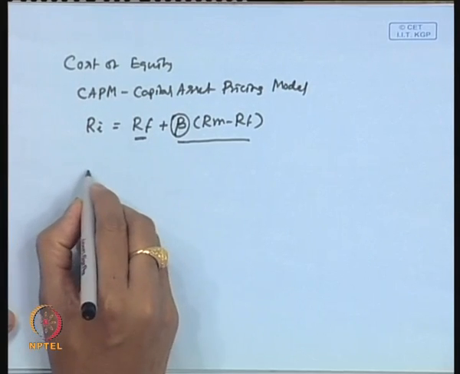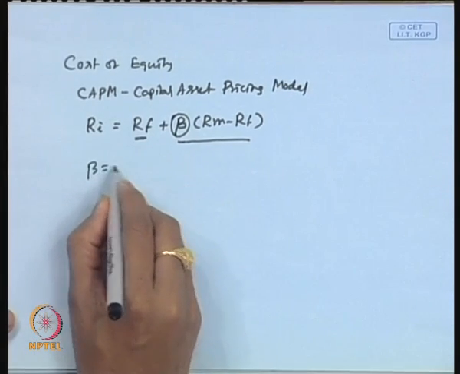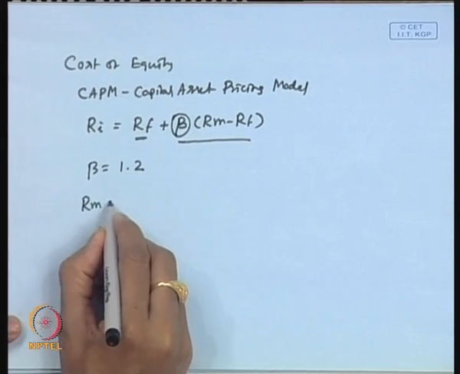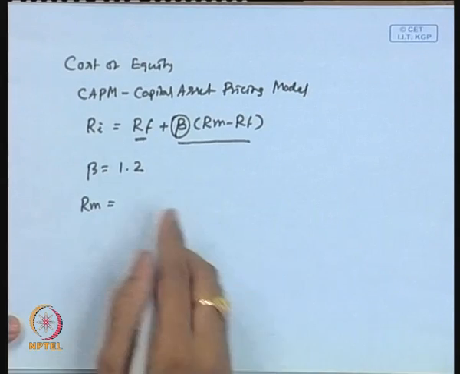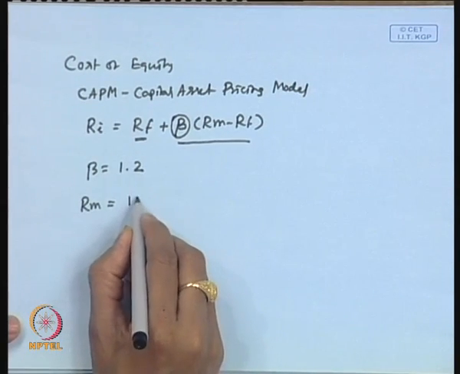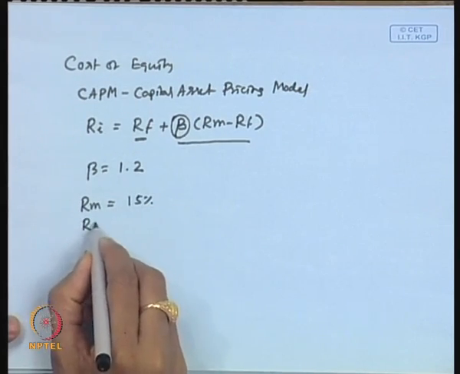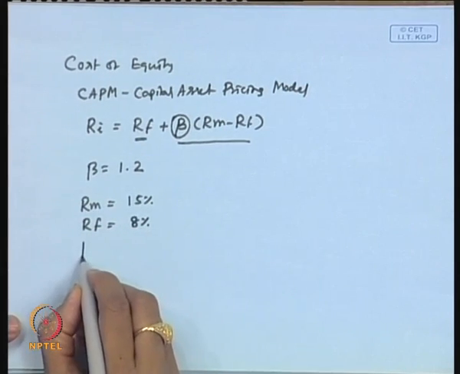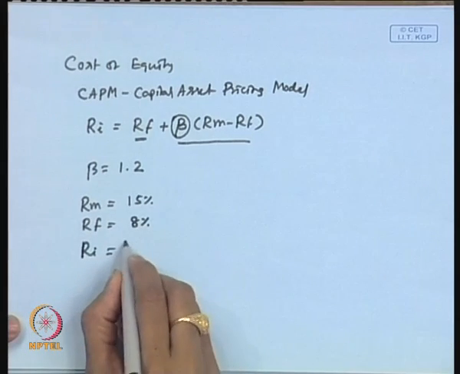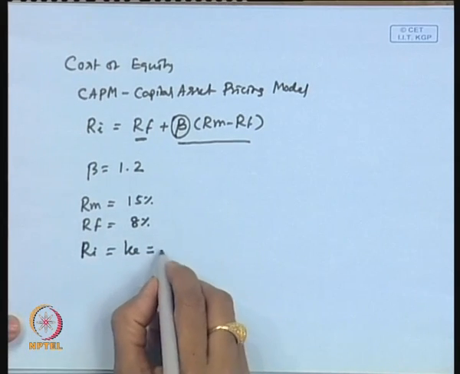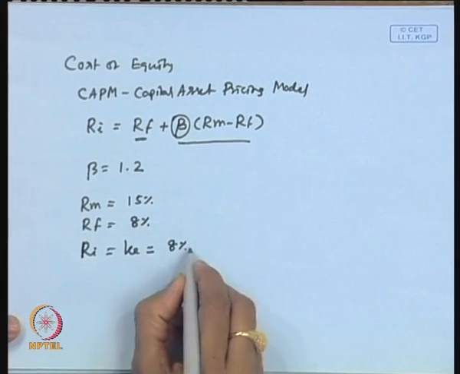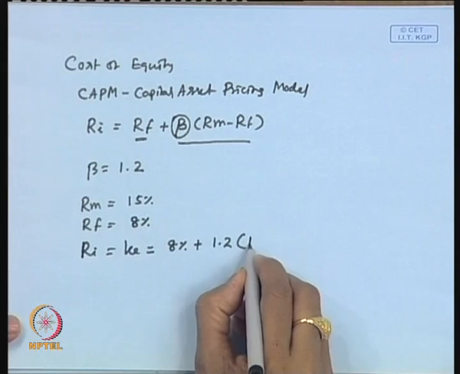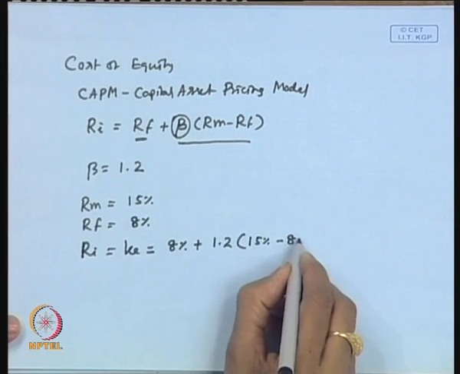So, if you have a particular company where the beta is, let us say, 1.20, and the return on the market index or portfolio, the benchmark for that matter, is, let us say, 15%, and the Rf is, let us say, 8%, in that case the Ri, which is used for finding the cost of equity, is 8% as Rf plus beta 1.2 into Rm of 15% minus Rf of 8%.